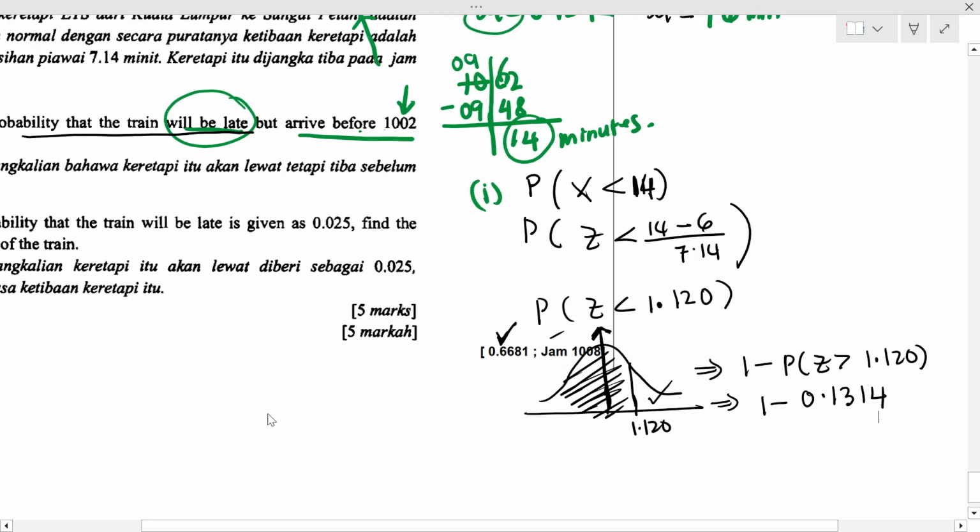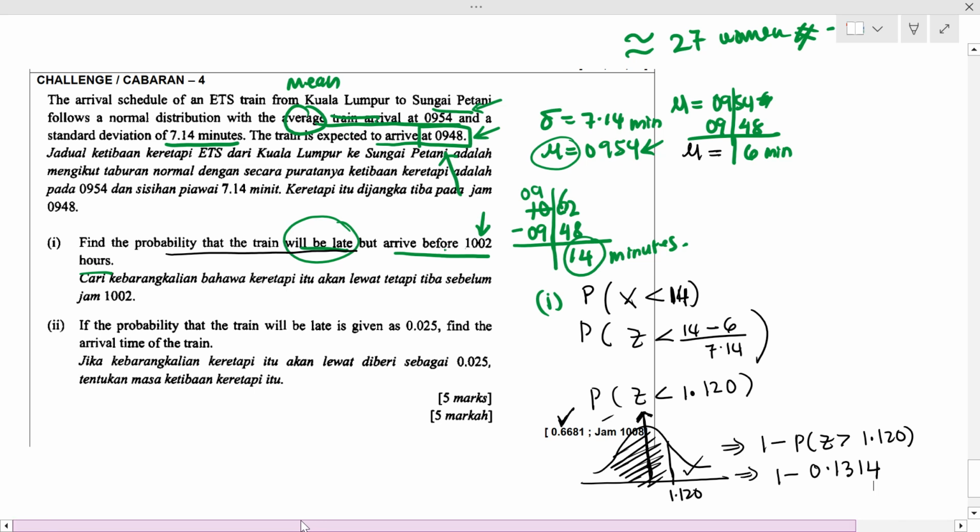Where could be the mistake? Okay, let me see again. Find the probability the train will be late but arrive before 10:02. 48 plus 14 is 62, 10:02.